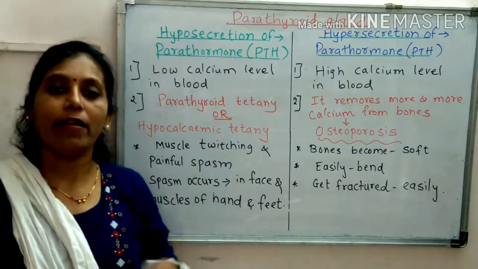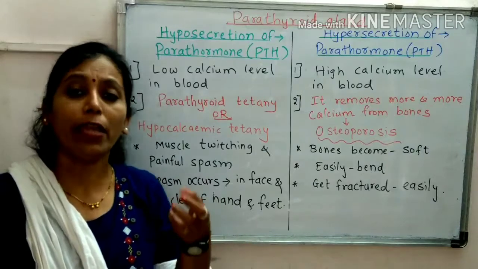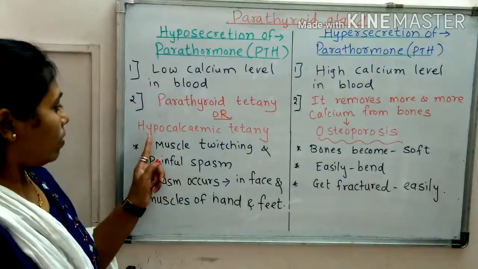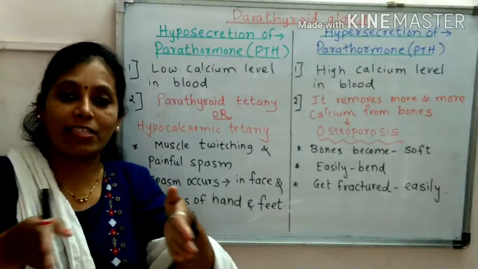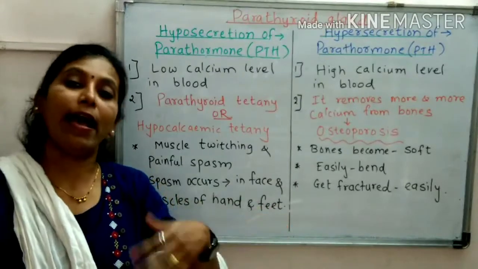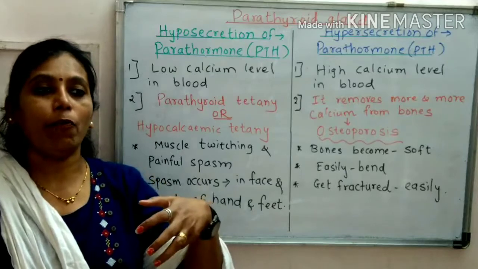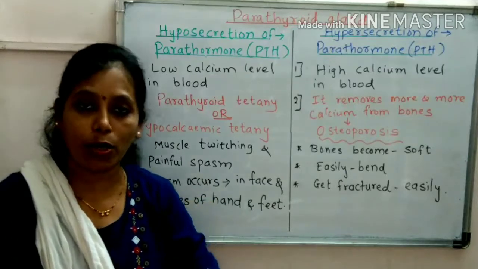We know that calcium is one of the important minerals for muscle contraction, as well as for the transmission of nerve impulses, and it is also an important blood clotting factor.